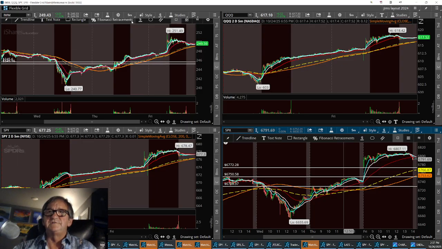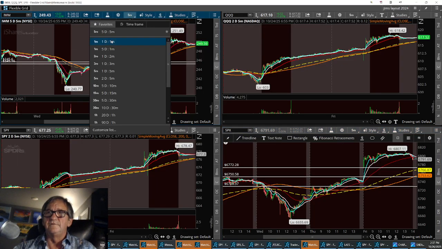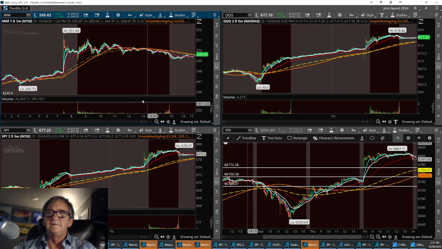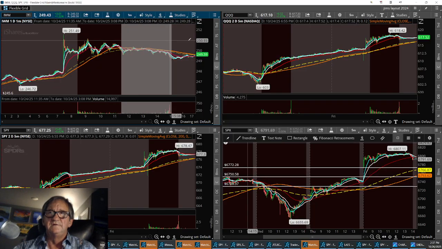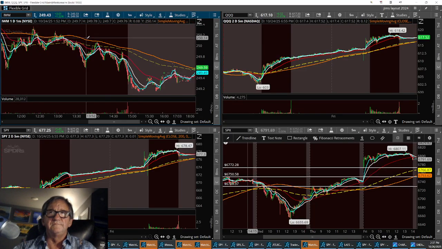Now I'll change time frames. Later in the day, I'll be looking at the 1 minute. Say, well, we're at resistance. We can't be breaking this 200 SMA. It was the last resistance we hit. So if we come out breaking that 200 SMA, we could come back up and start moving for a pivot. There's a pivot point right there.